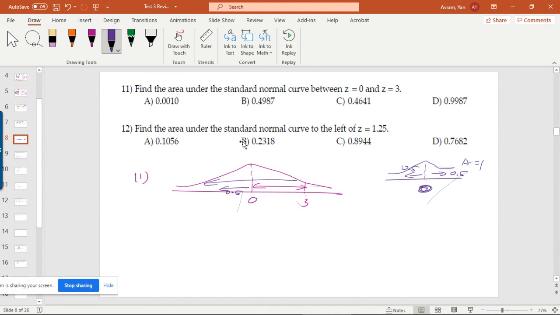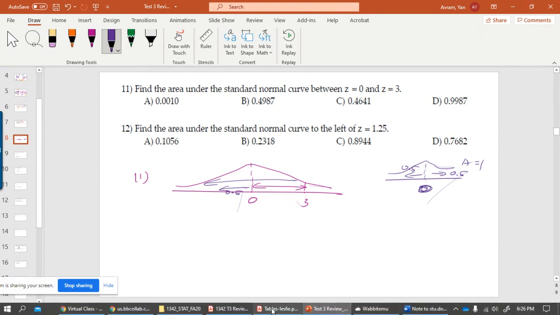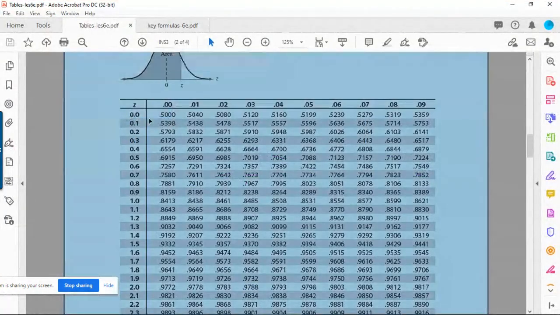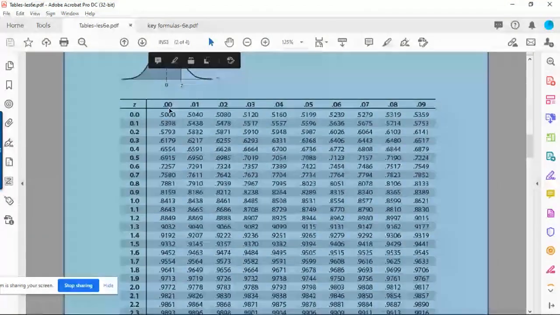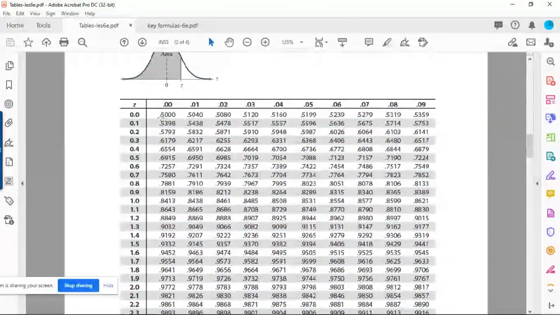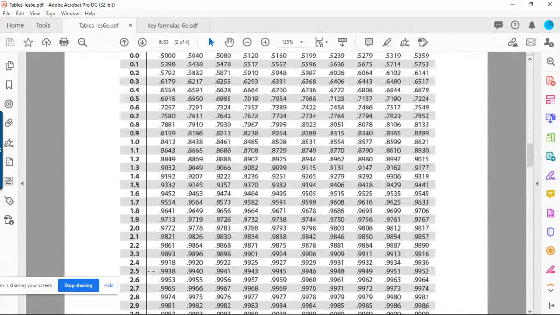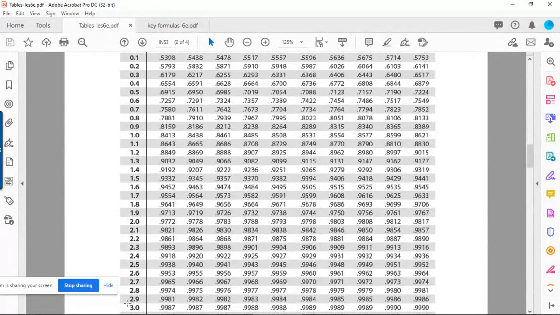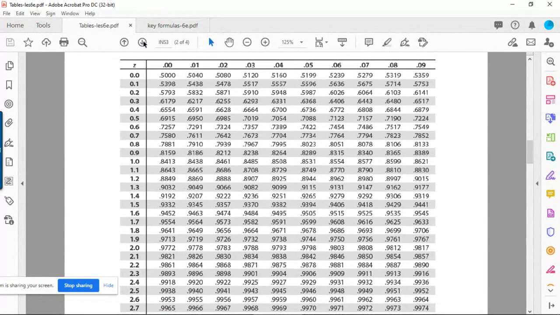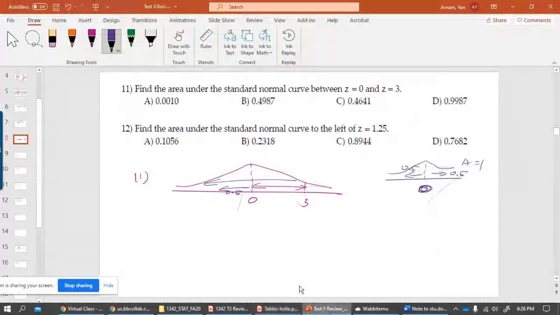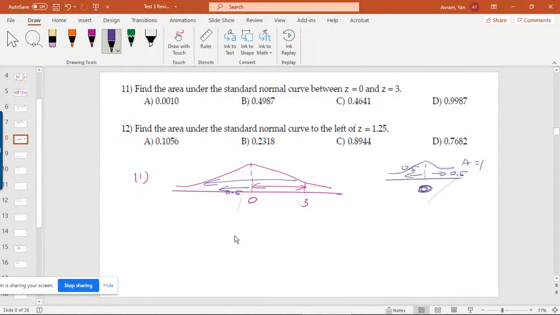So I just need to read the Z-score equal to 3. If you do not know, you can read the table here. When this Z-score is 0, that is 0.5. That should be pretty straightforward. When Z-score equals 3, 3.0 is on the top, so that's 0.9987.